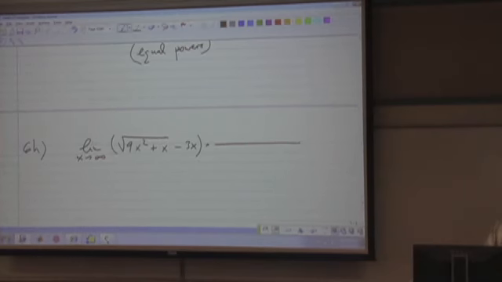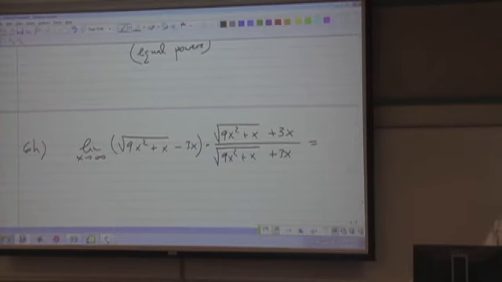Multiply by a conjugate. Multiply by the square root of 9x squared plus x plus 3x divided by the square root of 9x squared plus x plus 3x.